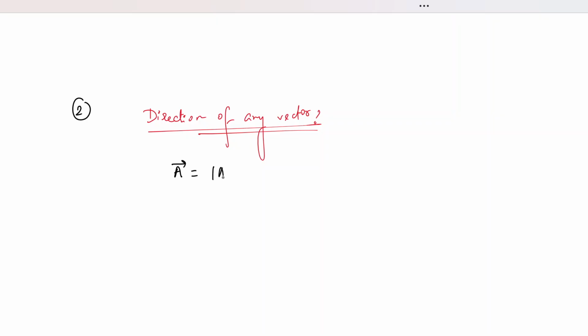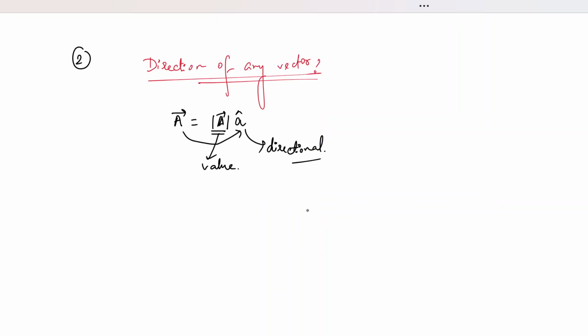It has a magnitude, a mod, which I am expressing as the magnitude of a, and it has a direction which is small a cap. So I am writing small a cap to denote the direction vector of a vector. These are the two components of a vector: one is the value or magnitude and the other is the directional information. So always remember the directional information of any vector will be included in its unit vector quantity.